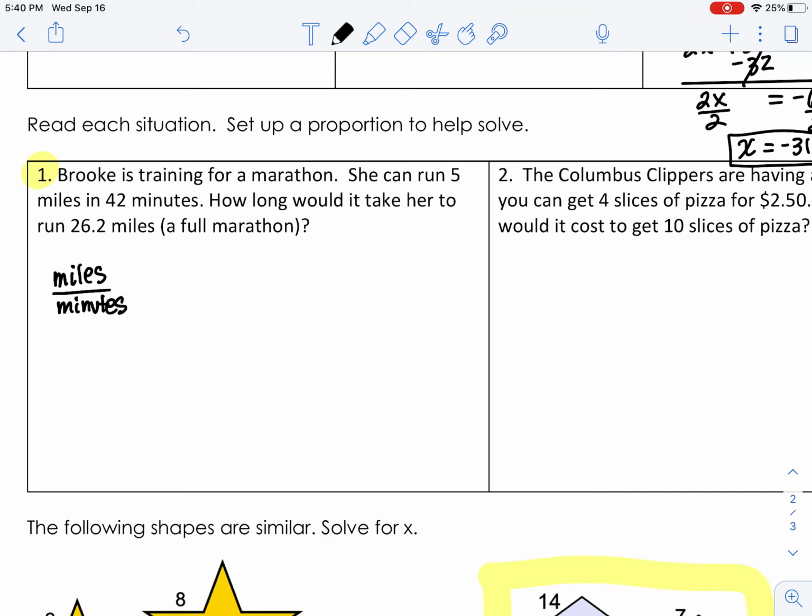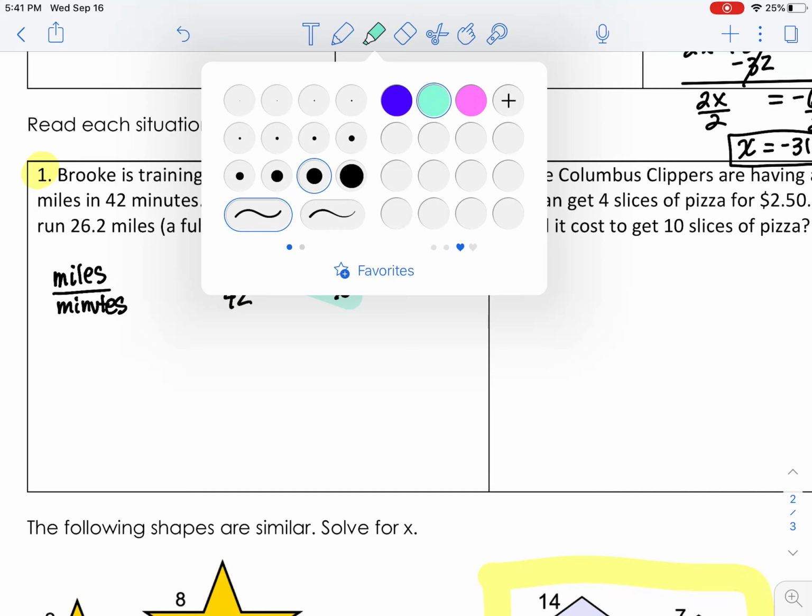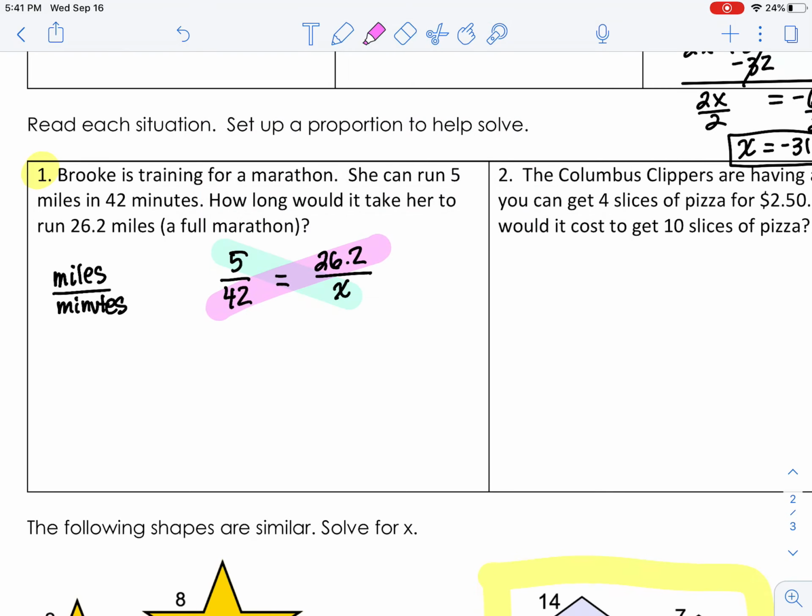of your proportion. So I'm going to do 5 miles and 42 minutes for one ratio equals 26.2 miles to x minutes. That's our unknown for the other side. So then we're still going to do cross products. So we would do 5 times x equals 42 times 26.2.